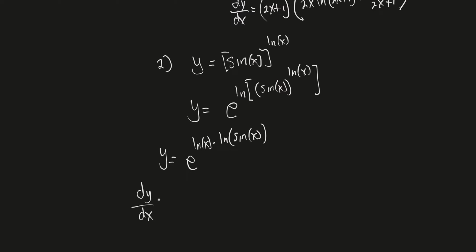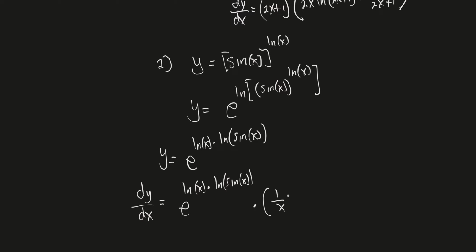So dy/dx will bring down the e to the ln times the ln. So all of that comes down. And then next up, we have to multiply by the derivative of the entire exponent, which involves a product. So we have to do our product rule. The derivative of the first factor in the exponent is 1 over x.